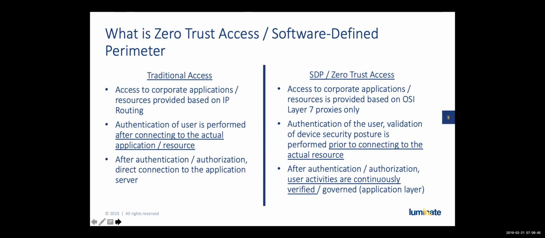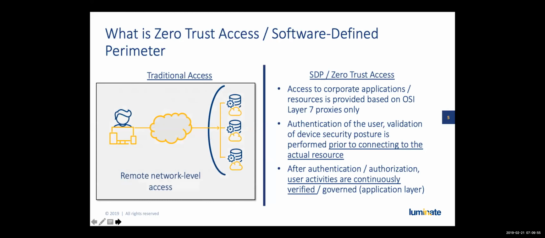So if I had to really summarize the vast difference between getting a traditional IT network access to something and getting a software-defined perimeter access to something, it would be this. In a traditional access, I just connect to the remote network. I can, using IP tools, identify various resources that are accessible there.